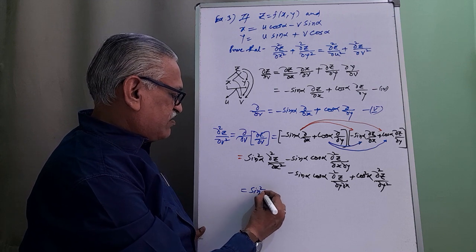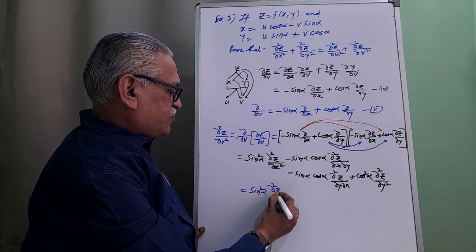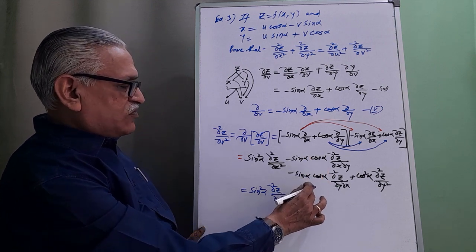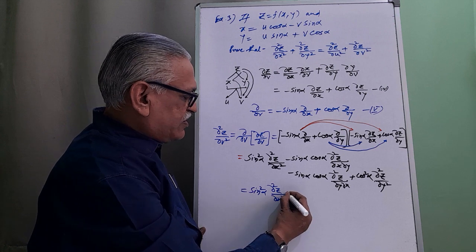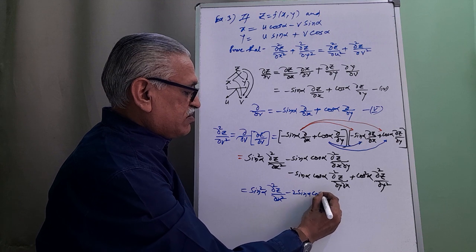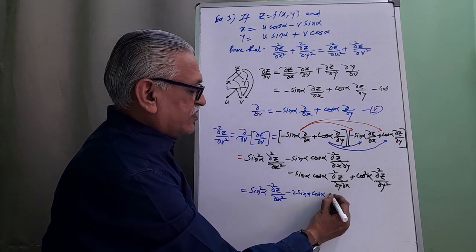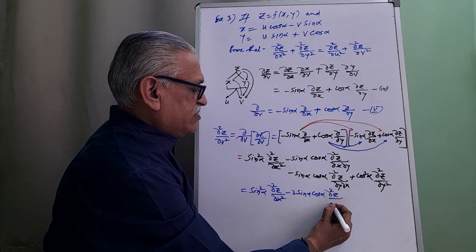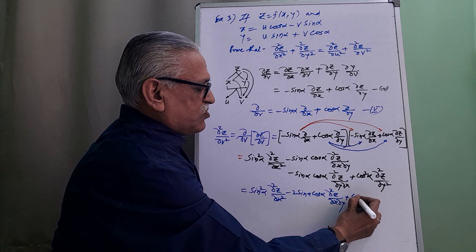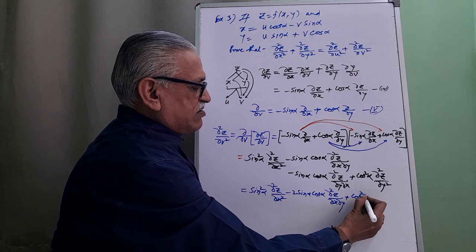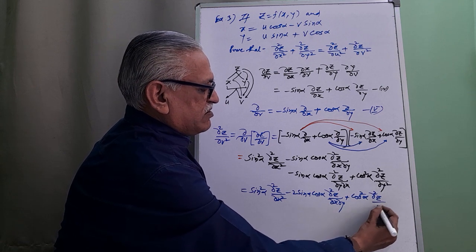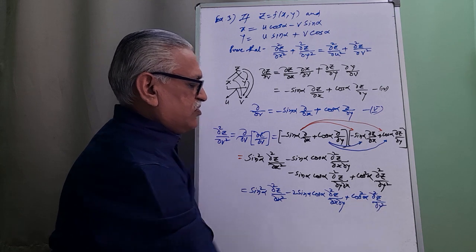Simplifying it, we get sin² alpha ∂²z/∂x² as it is, minus sin alpha cos alpha, and again minus sin alpha cos alpha, addition is minus 2 sin alpha cos alpha ∂²z/∂x∂y, and this last one is cos² alpha ∂²z/∂y².